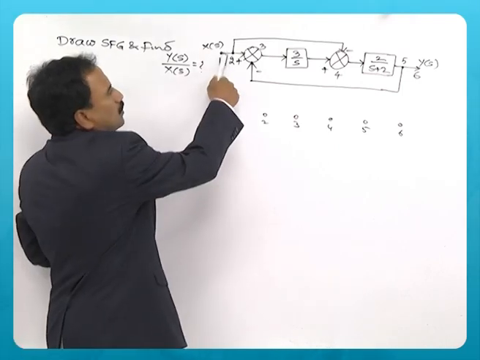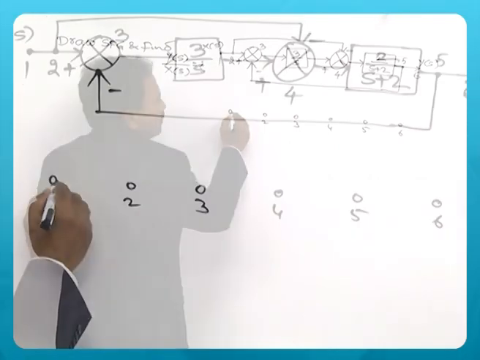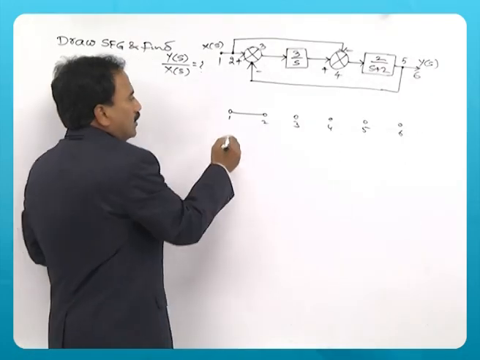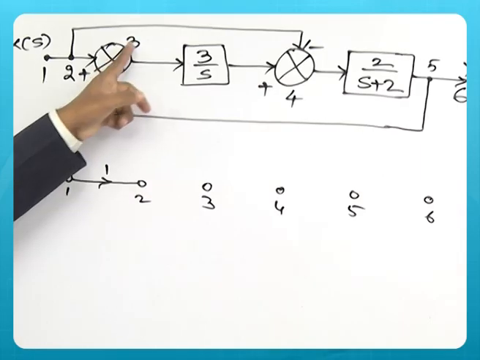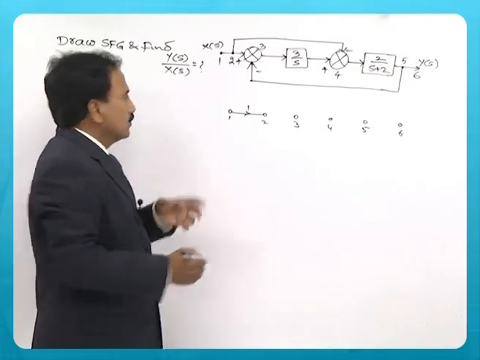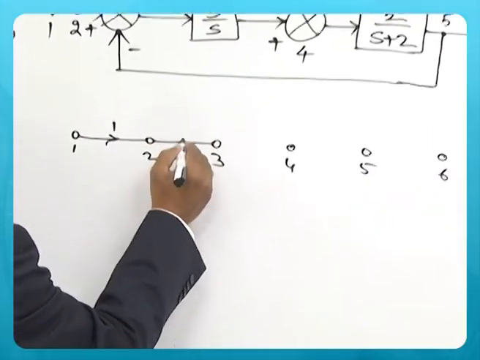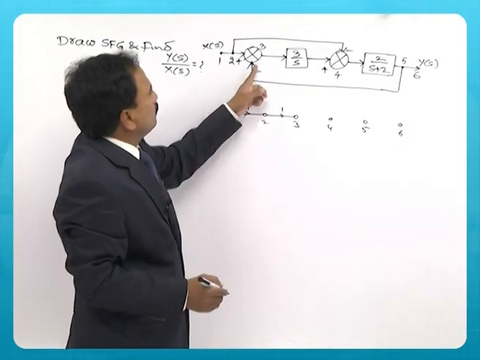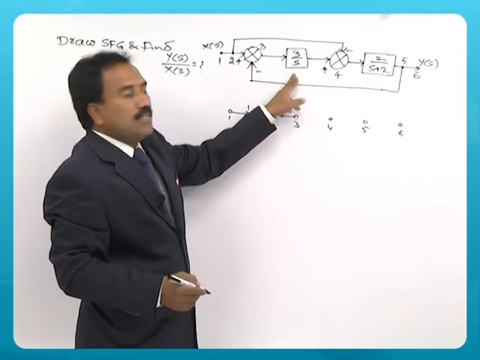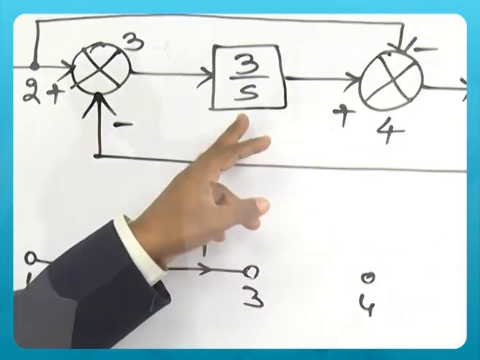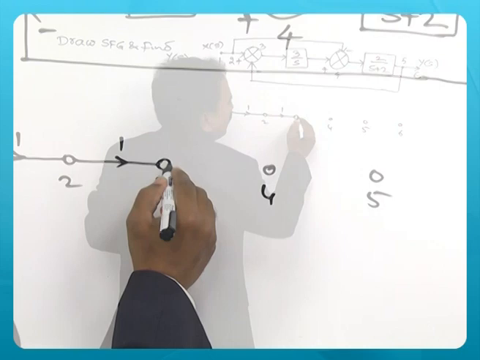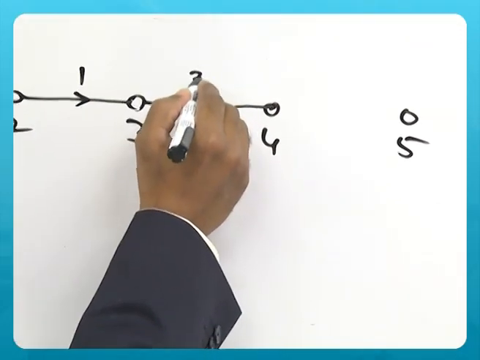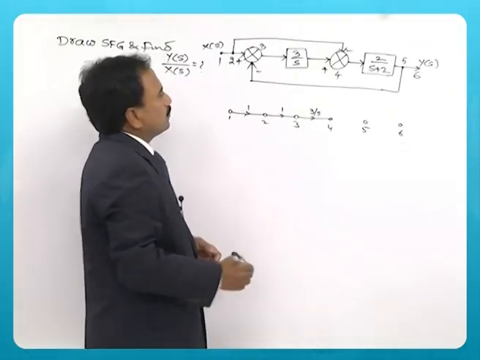Between 1 and 2 there is no block, so you can say simply the signal is traveling from 1 to 2 with a gain of 1. Between 2 and 3 also no block, so it is also 1. But between 3 and 4 there is a block and its gain is given by 3 by s, so between 3 and 4 you must write 3 by s.